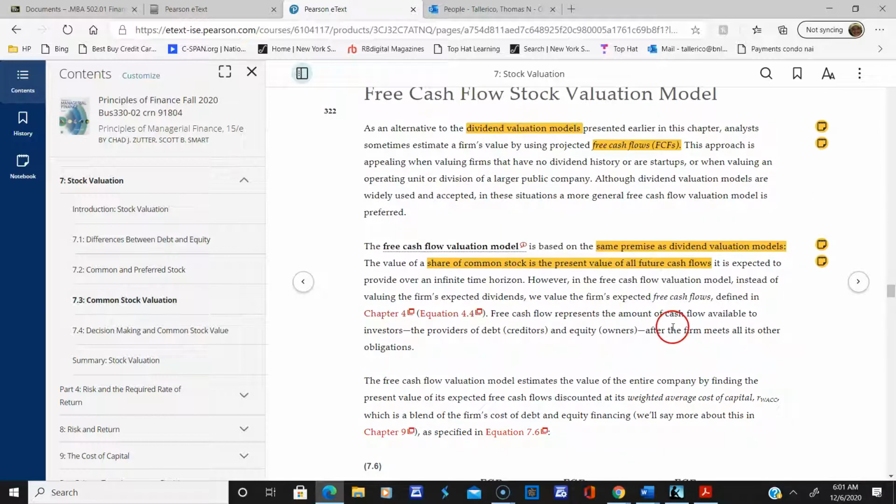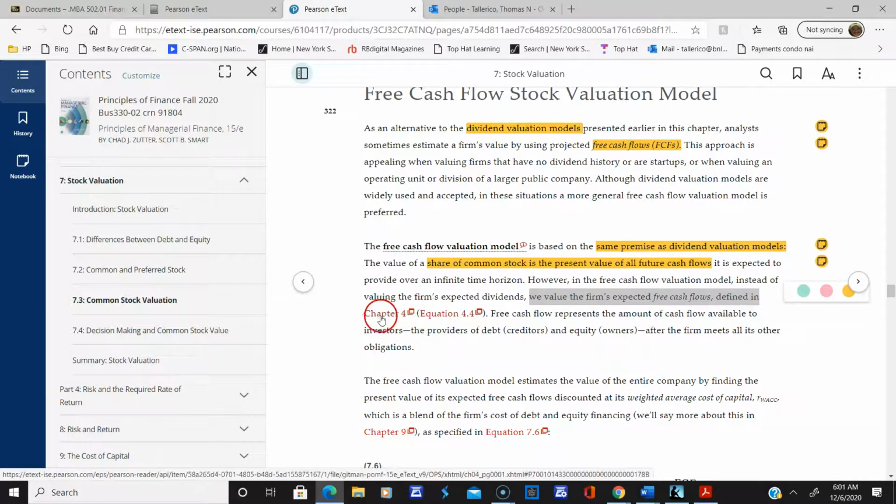All right. So we're going to value the expected free cash flows, and we have to look at Chapter 4 here. It's going to send me back to Chapter 4, but I don't want to do that, okay? So you can go review Chapter 4, and basically free cash flow.